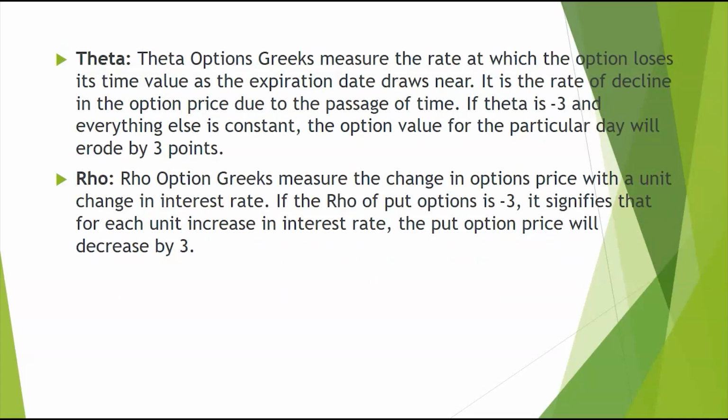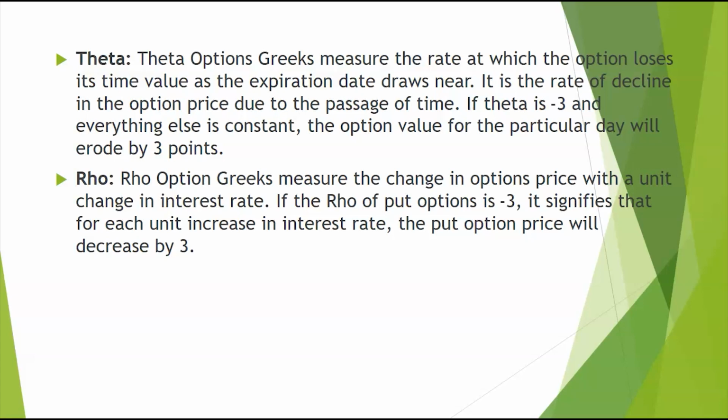Theta. The theta option Greek measures the rate at which the option loses its time value as the expiration date draws near. It is the rate of decline in the option price due to the passage of time.